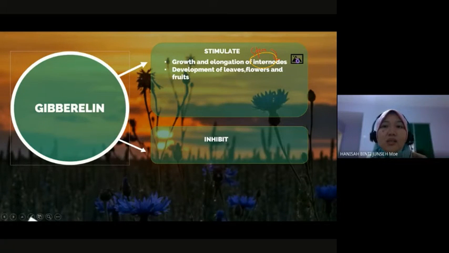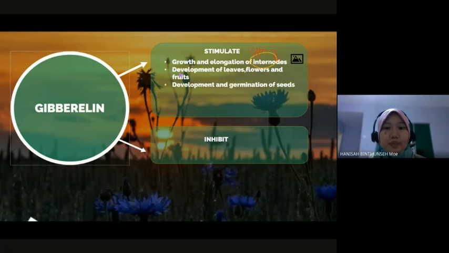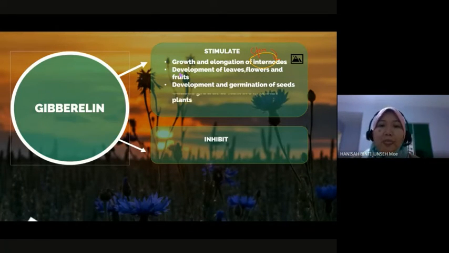Before we go to the picture, let me say this first. Gibberellin also stimulates the development of leaves, flowers, and fruits. Also gibberellins stimulate development and germination of seeds, and it causes growth of flowers in dwarf plants.